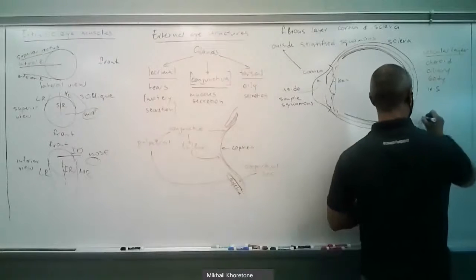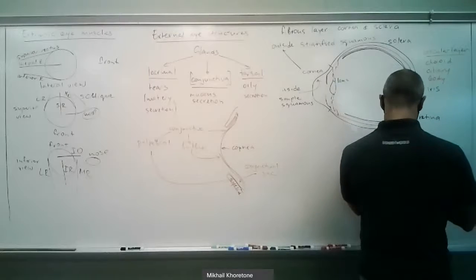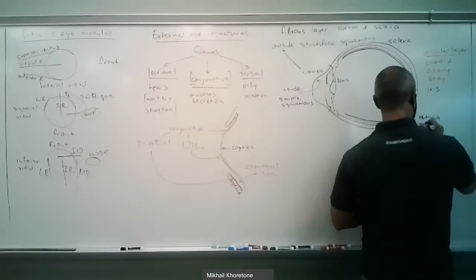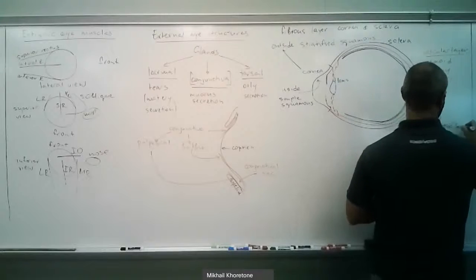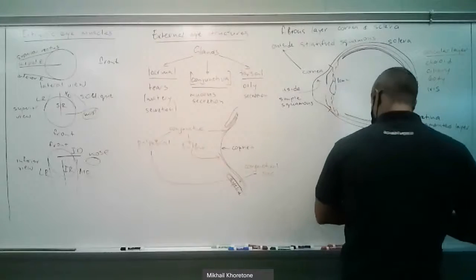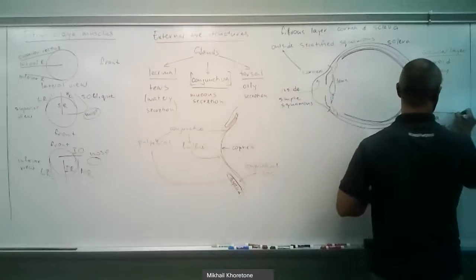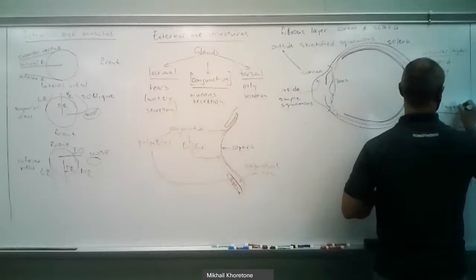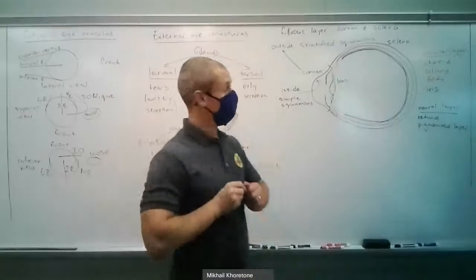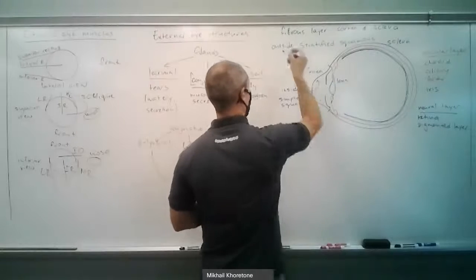Blue represents the retina, and purple represents the pigmented layer. Together, they are called the neural layer. So if you look at this, the fibrous layer is the outermost layer.